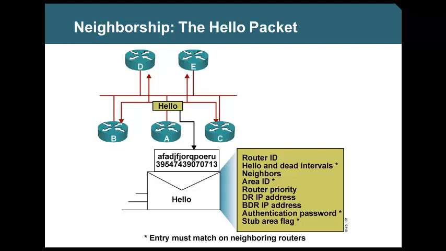Hello and dead interval has got star. Authentication password and stub area flag have got star. These things must match with the neighbor. Router ID should not match, isn't it? Router ID should be unique for each router. It should not be the same with 2 routers, then confusion.